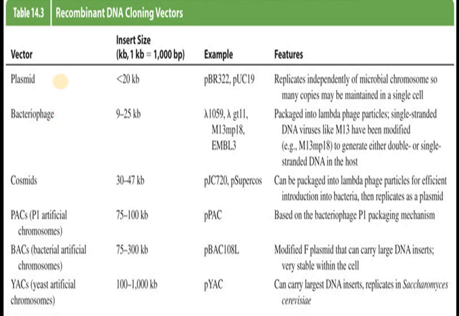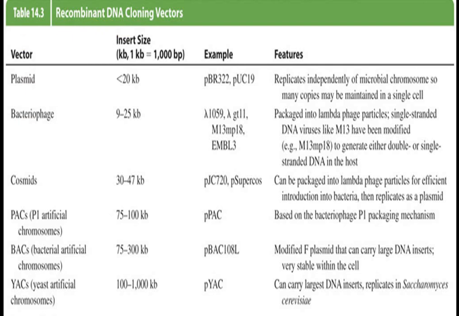Plasmid is nothing but the extra chromosomal self-replicating DNA present in bacteria. Bacteria has two types of DNA: first its genetic DNA, and second extra chromosomal DNA. The extra chromosomal DNA is the plasmid. That is a circular DNA that can be used as a vector.